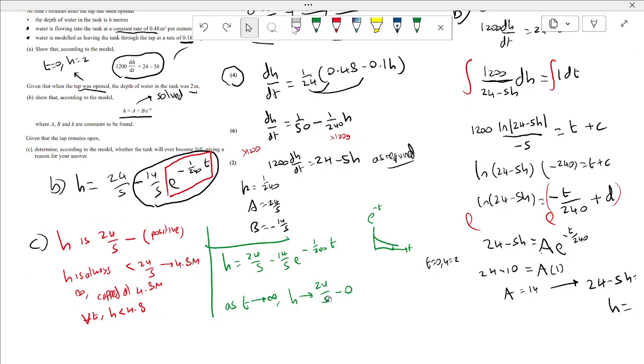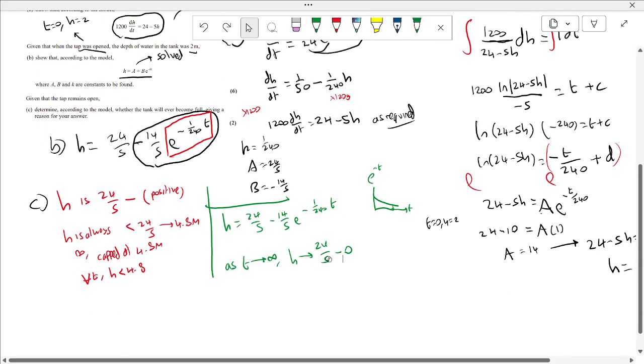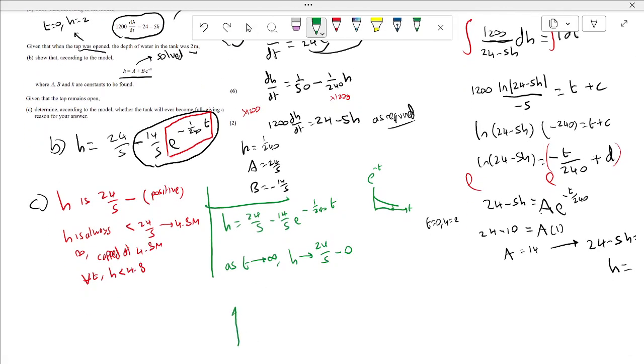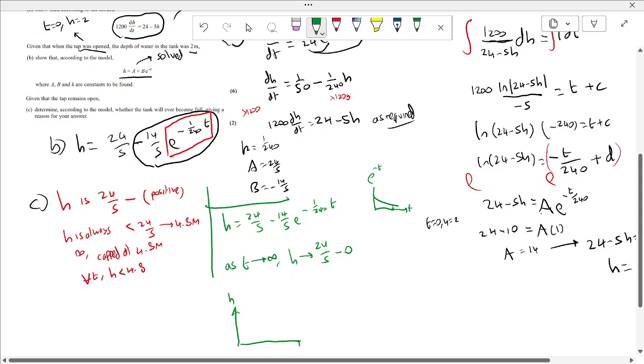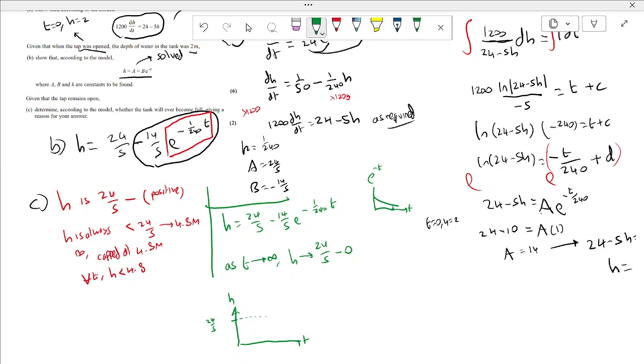If you want to visualize this and sketch it out, which it doesn't ask you to do, but it might help you, h is a constant 24 over 5 minus a number which is always positive. So this is going to be 24 over 5. This is actually going to be a horizontal asymptote if you graph it. When t is 0, h was 2. It starts at 2, and it's going to go like this forever.